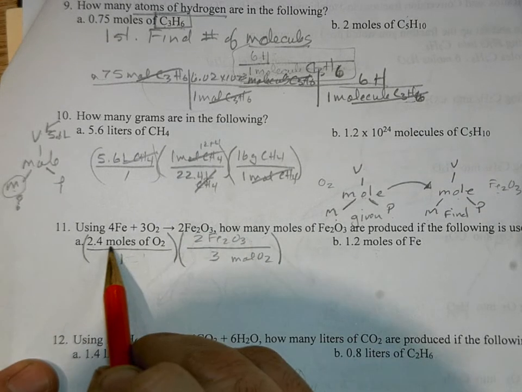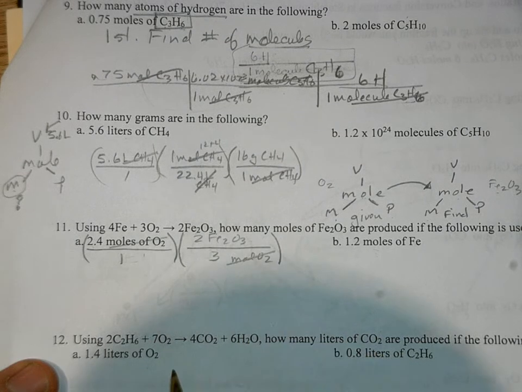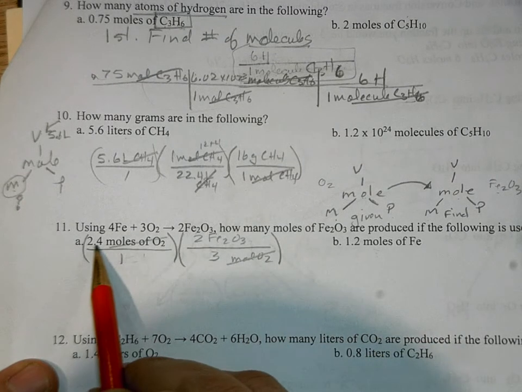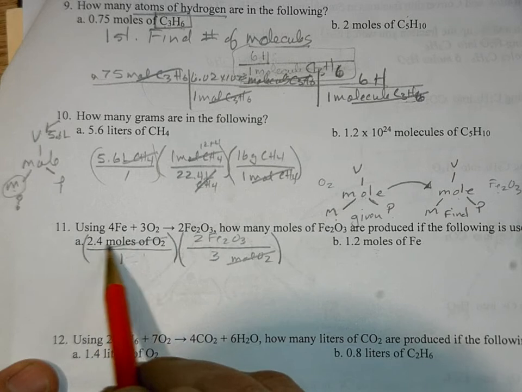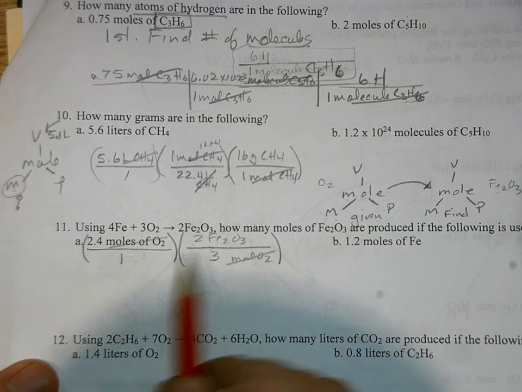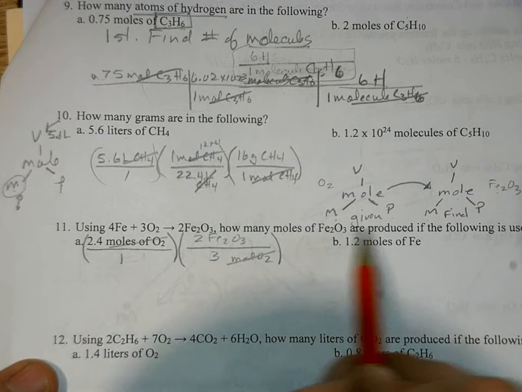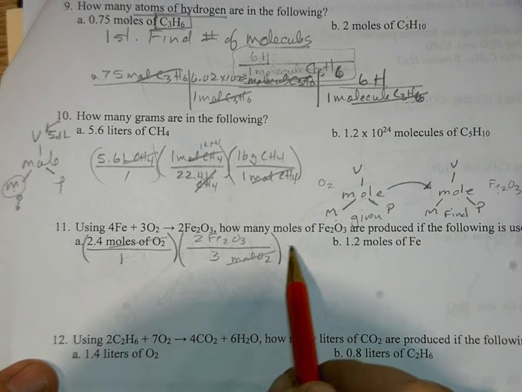You can double check to make sure you set this up right: moles of O2 cancels with moles of O2. So you're going to be taking 2.4 in your calculator times 2 divided by 3. Let me make sure that I did answer the right question: how many moles are produced? Yeah, really short problem there.